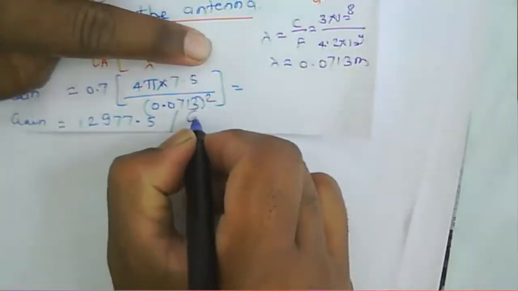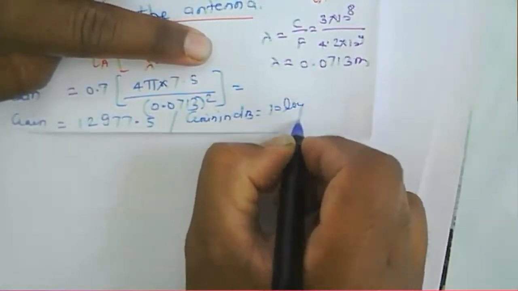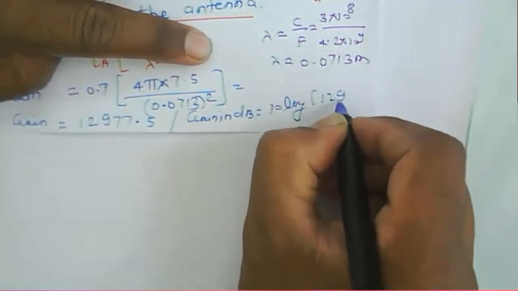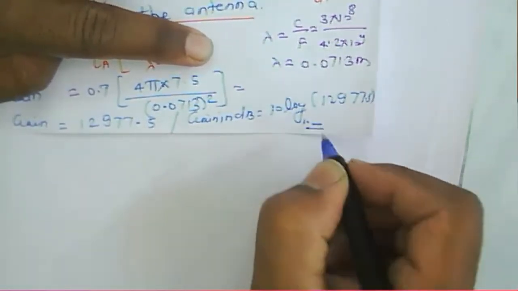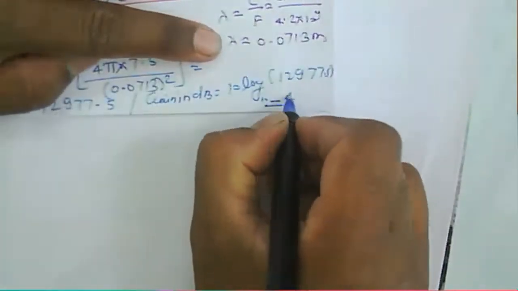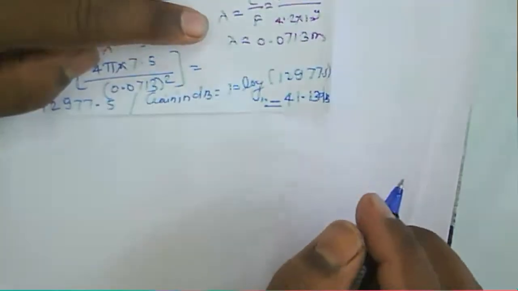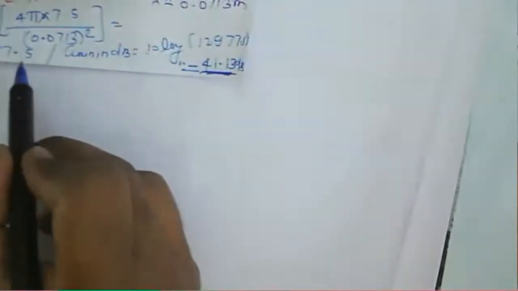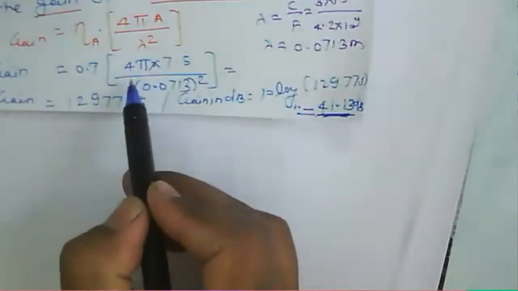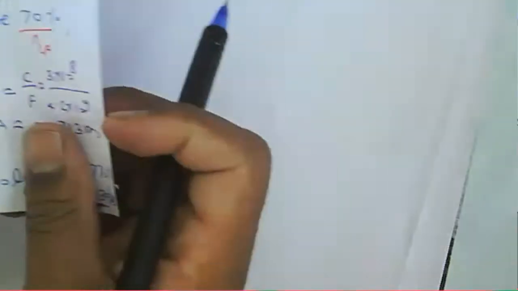And if you want the gain in dB, then 10 log of 12977.5 with respect to base 10. After solving that, you'll get the gain as 41.13 dB. That is the gain in dB. Here we calculated the gain directly with respect to aperture efficiency and everything.